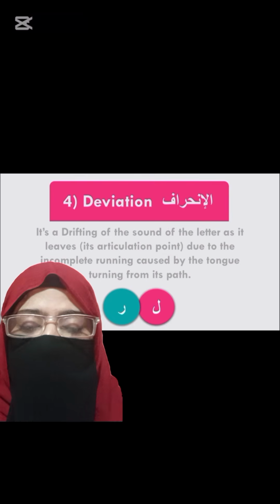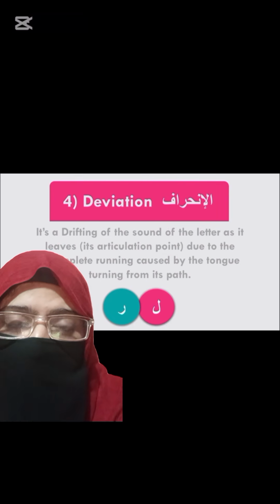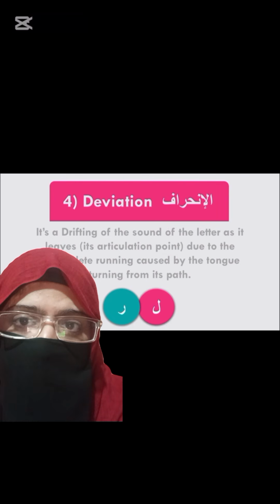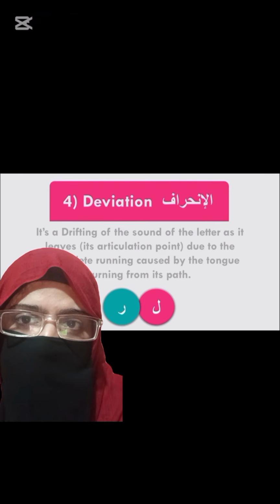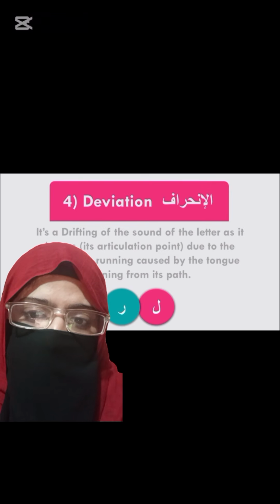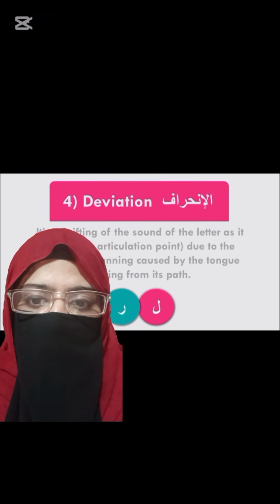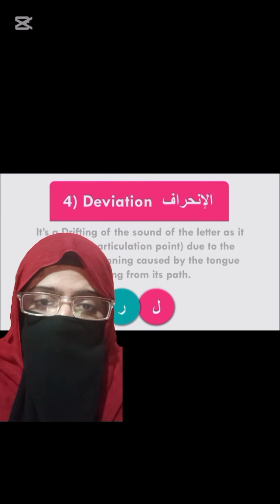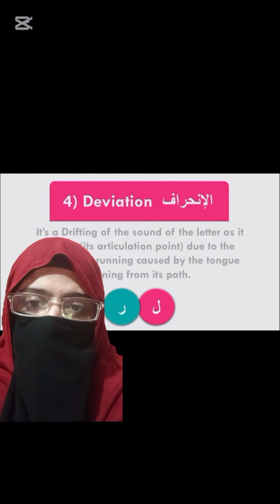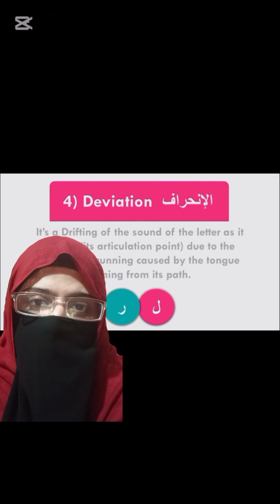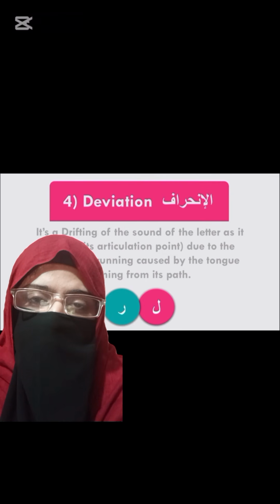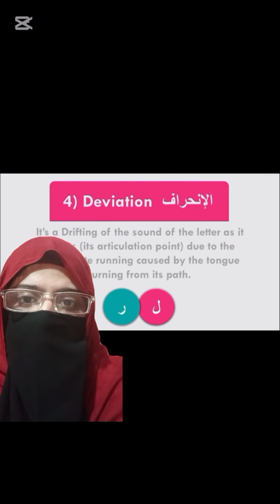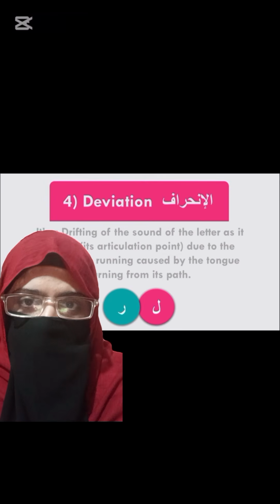The word inhiraf means drifting, deviation, and turning away from the normal pathway. In Tajweed, al-inhiraf is a characteristic in which the sound of the letter deviates and turns from its original pathway because of the particular movement and position of the tongue.